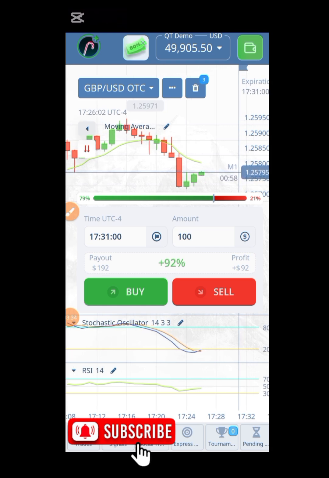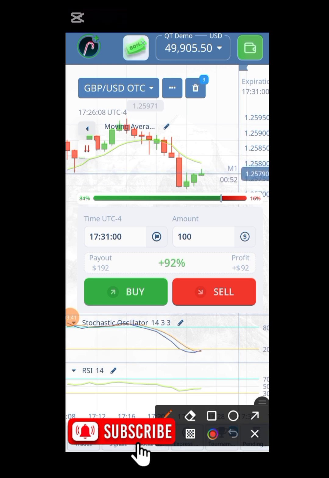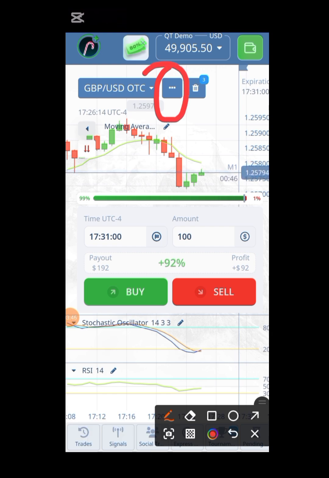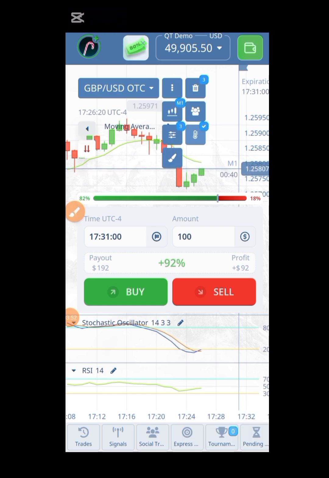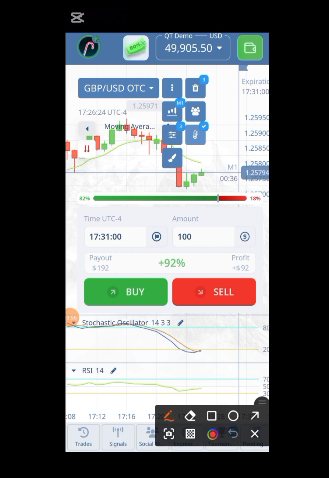That's the second setting you have done. The third setting for you to do is to come to this area. You click on these three dots you see here, and then you make sure you click on this.